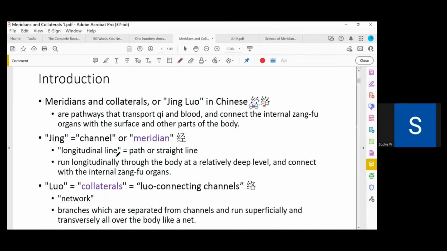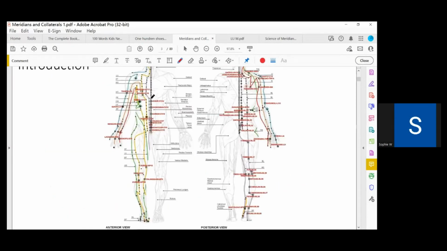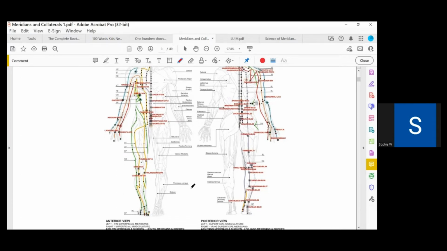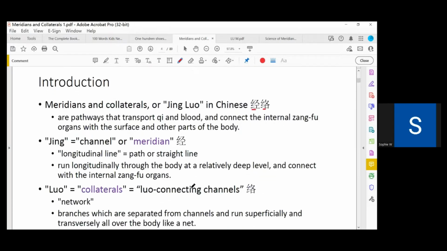That's a longitudinal line or path or straight line. They look like lines in the body. They run longitudinally through the body at a relatively deep level and connect with the internal zang organs.